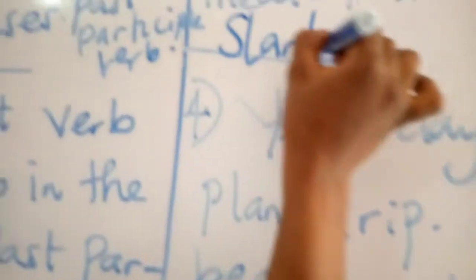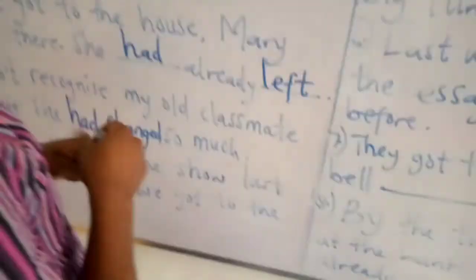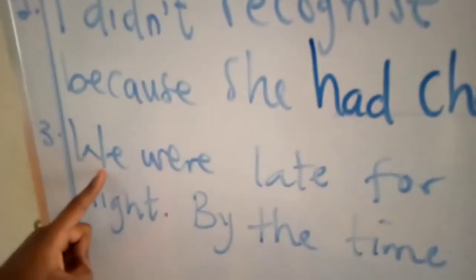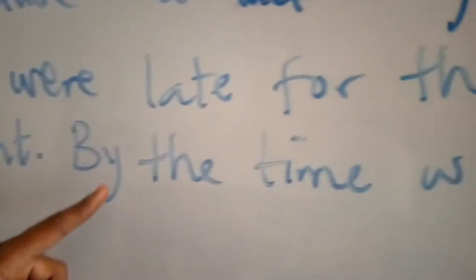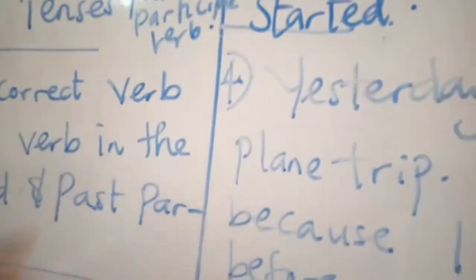Had already started. Can you see that? Let's take the sentence now. We were late for the show last night. By the time we got to the theater, the movie had already started. Can you see now?